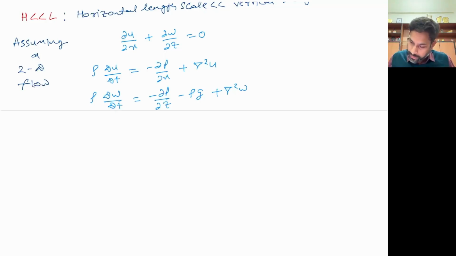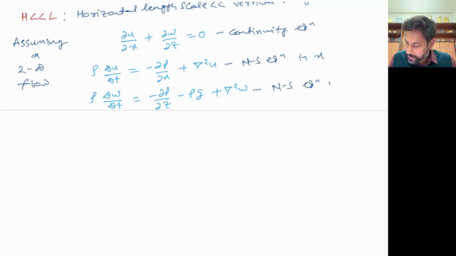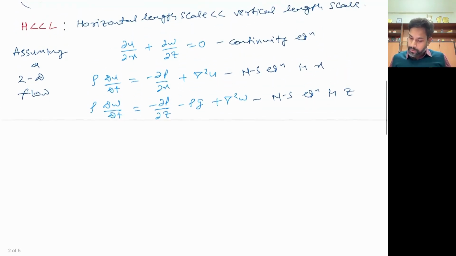Where this one is the continuity equation, this is the Navier-Stokes equation in x, and this is the Navier-Stokes equation in z, right? So z here is the vertical axis and x is the horizontal axis.